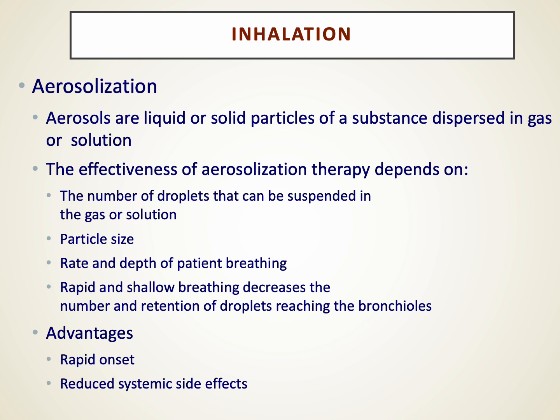That's really an important consideration for us. How effectively we deliver that drug to where we want it to go is a function of the particle or droplet size, the rate and depth of the patient's breathing, and whether they are able to hold their breath to allow for adequate delivery and penetration of the drug to that area.